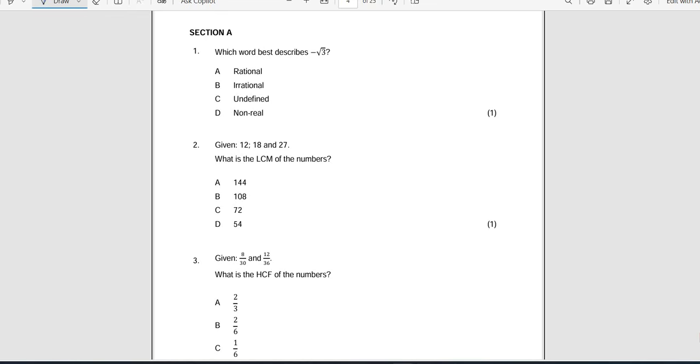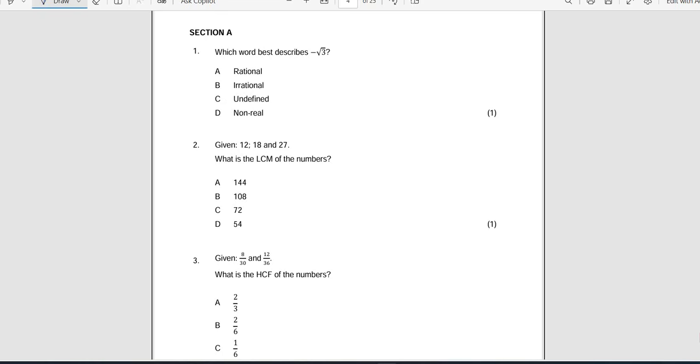First thing that we need to know: what is a rational number? A rational number is any number that can be written in the form of A over B, whereby B should not be equal to 0. Can this number be written as a fraction?